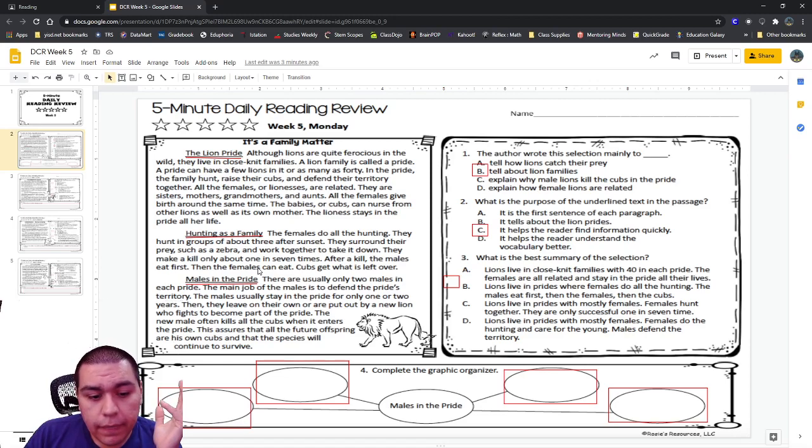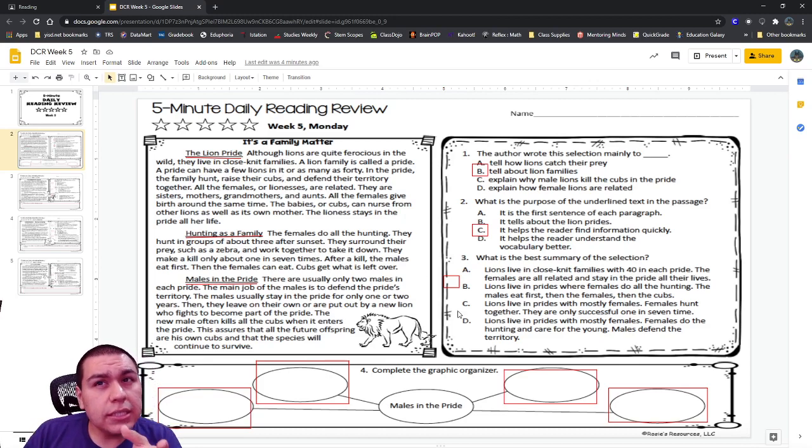But paragraph 1 didn't talk about who eats first or second, and paragraph 3 didn't either. That's a good summary if they were just asking about the second paragraph. But for the whole selection, it doesn't even mention the first or the third paragraph.